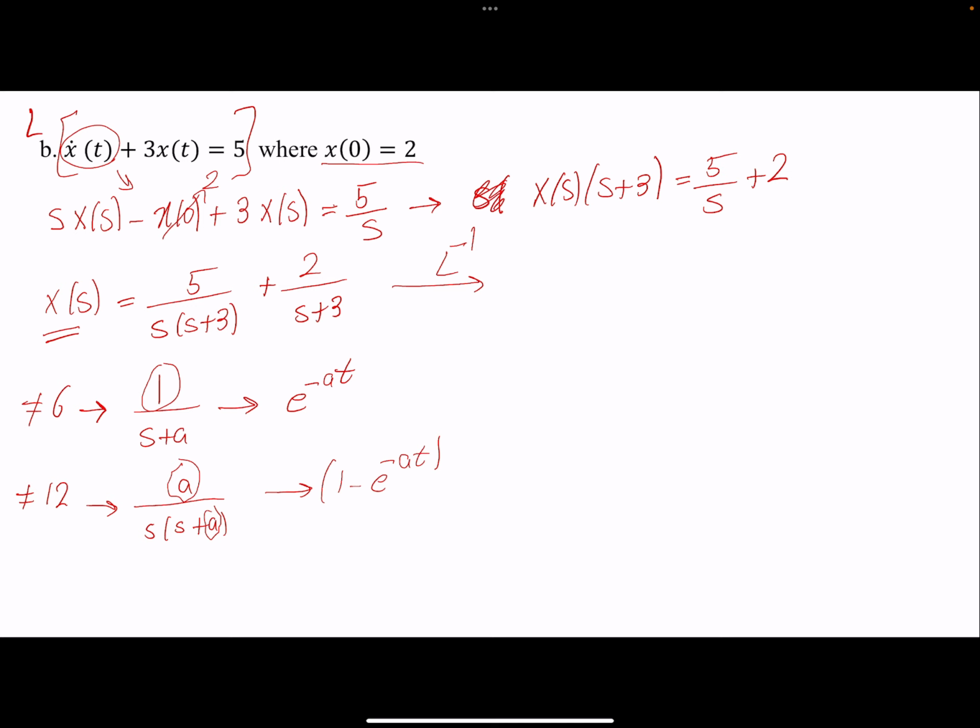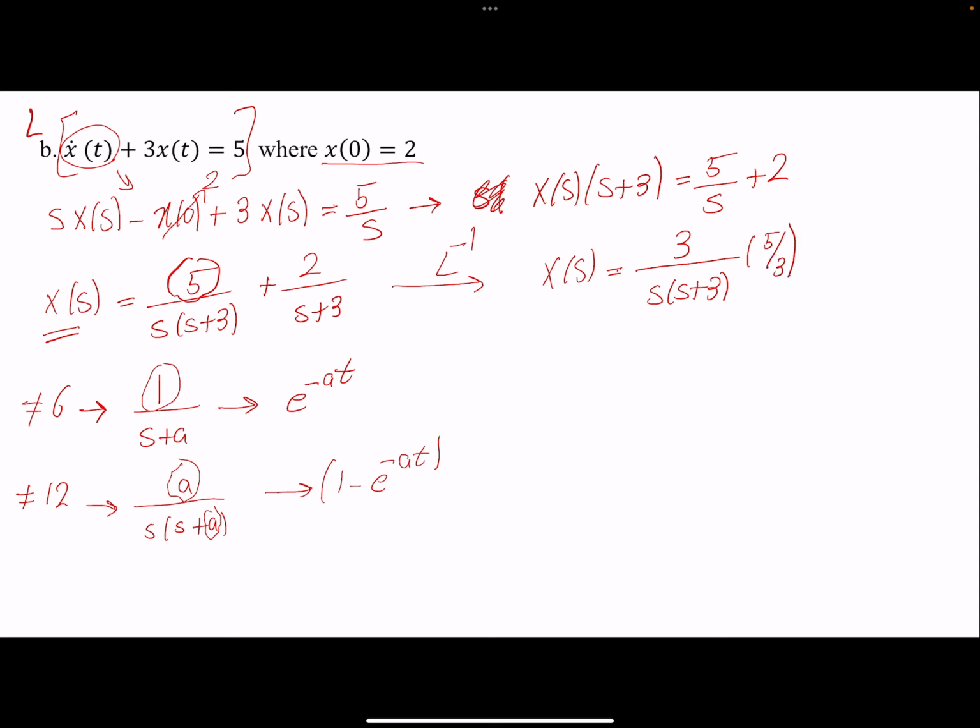So if I try to change these, I have s plus 3, so I write it s times s plus 3. According to rule number 12, the numerator should be 3, so I can solve it. But in reality, the numerator is 5. I can't really change my fraction. I can write it in this form, but then I need to multiply it by 5 over 3.